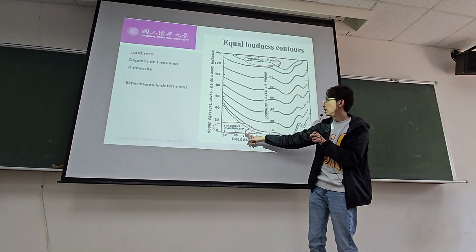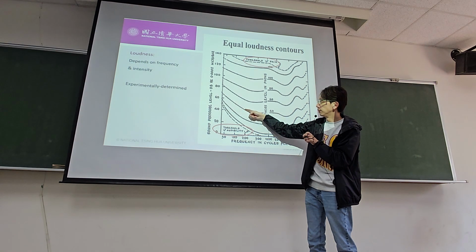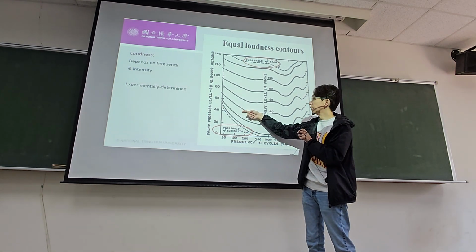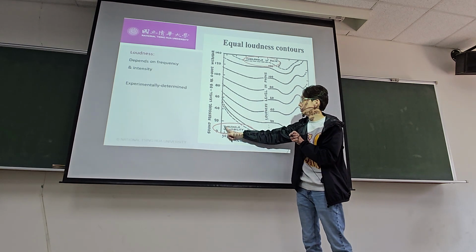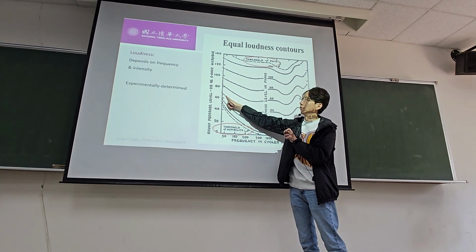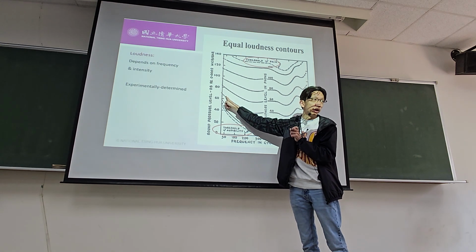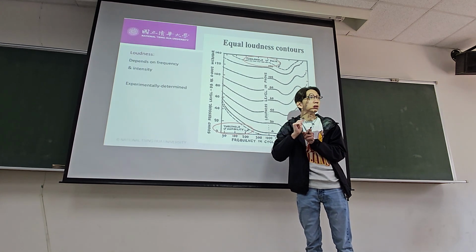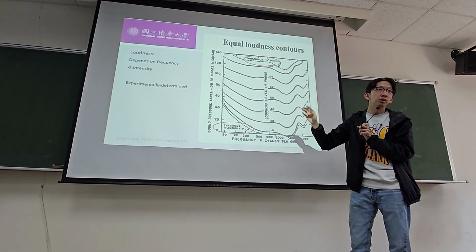So at 200 hertz, if your sound pressure is about 40 dB, that loudness is the same as if you produce a signal at 50 hertz but with a pressure of 70 dB. These two signals will sound the same loudness to your ear. So these are equal loudness curves.